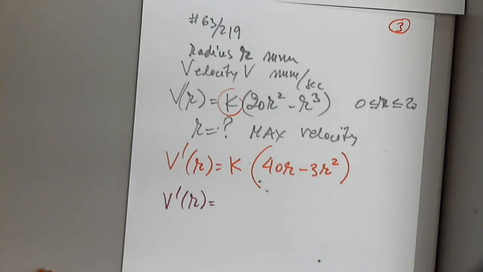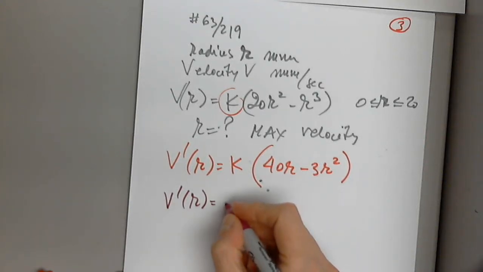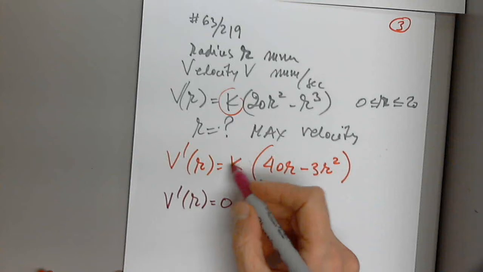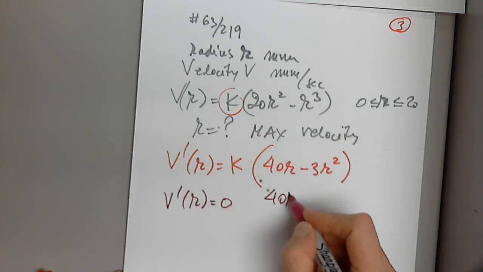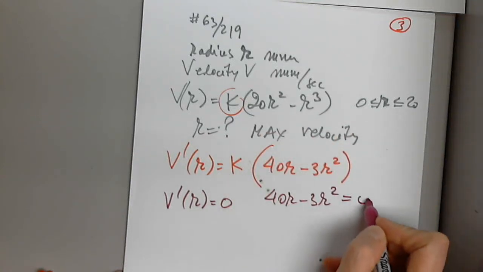Critical numbers come potentially from two sources: when the derivative, which we just did, is 0, or it's undefined. Can this be undefined? No, it's a polynomial. So the other possibility is when it equals 0. Excellent. So the constant cannot be 0. So 40r minus 3r squared equals 0.